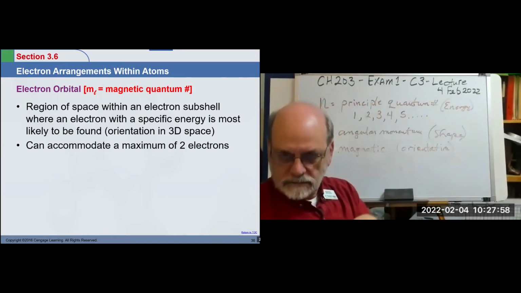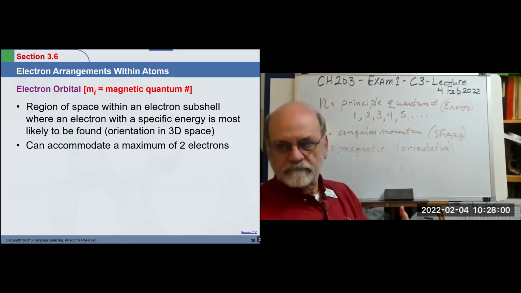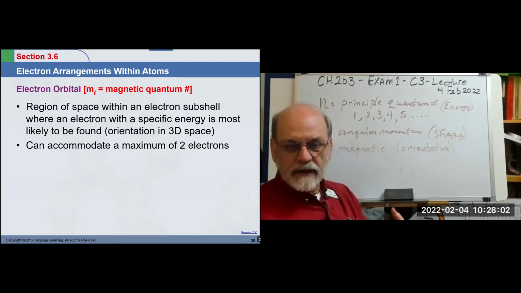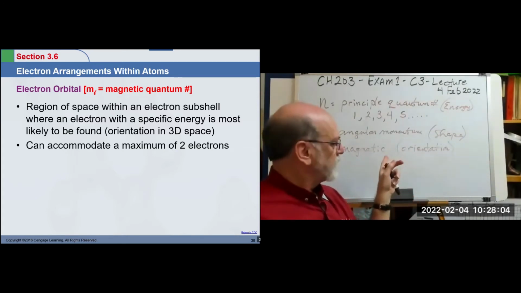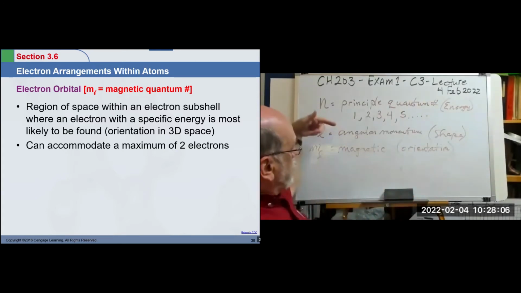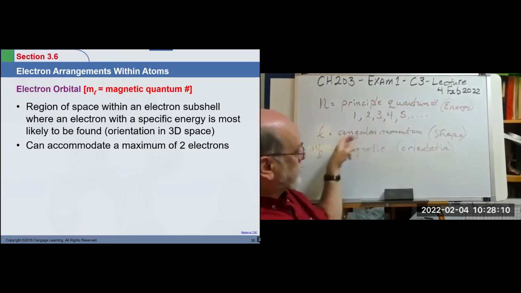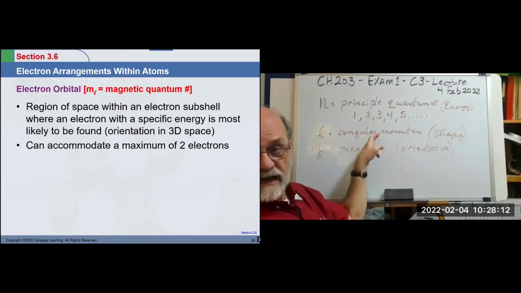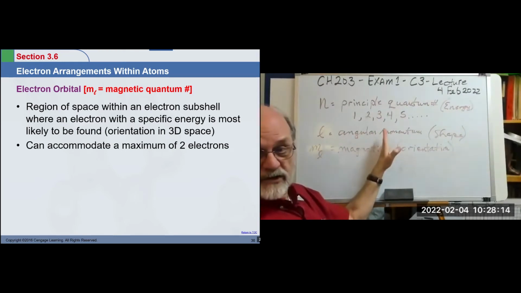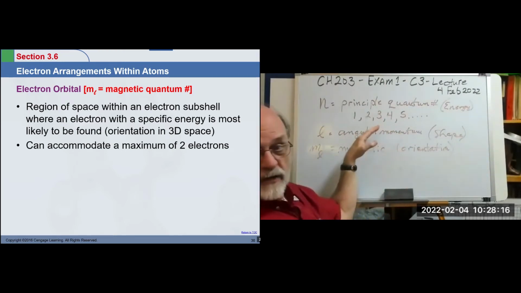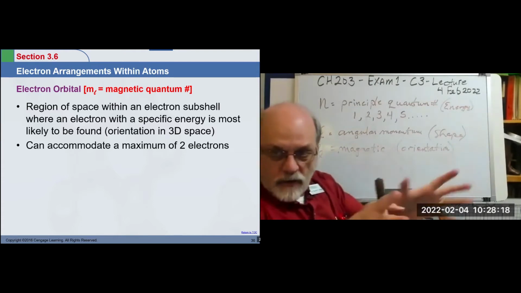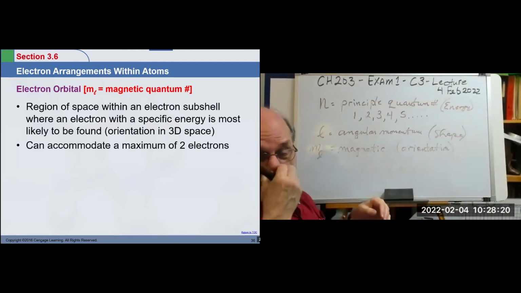The three-dimensional geometry of the orbital is based upon this number. This one is also derived from that one. So if this one can have several of these possibilities, then one of these possibilities could be expanded here, or another one could be expanded here. So we're expanding as we go down.